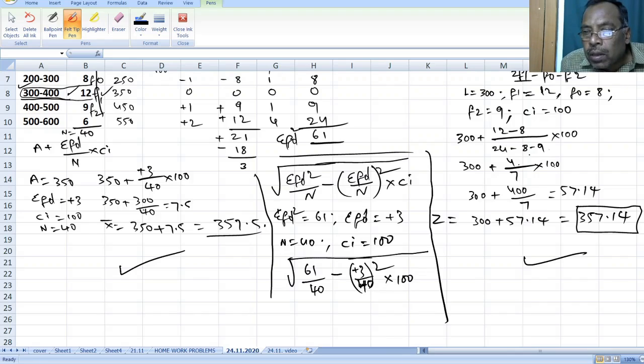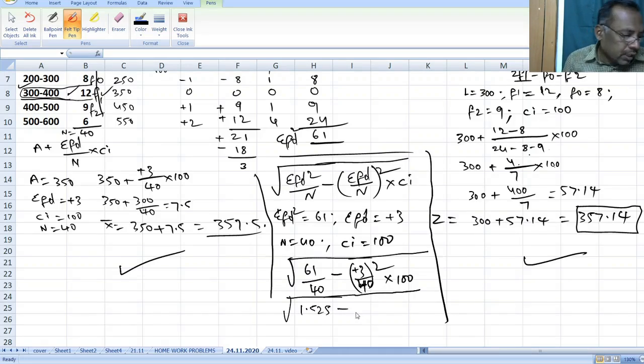When you divide 61 by 40, you get 1.525, minus, and when you divide 3 by 40, you get 0.075, whole square, into 100.